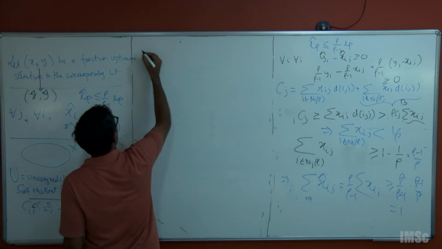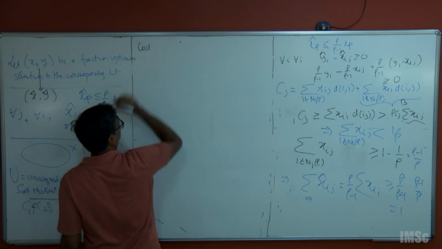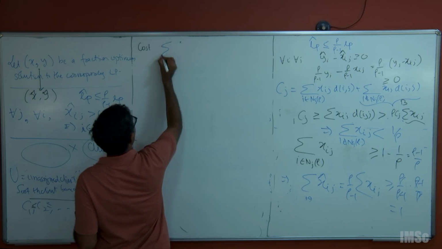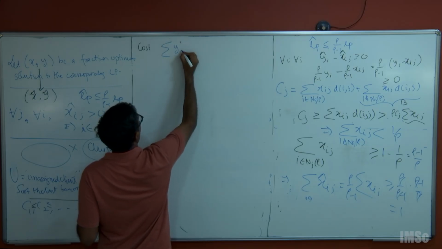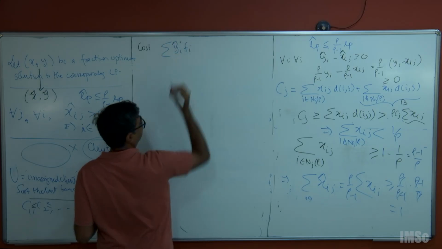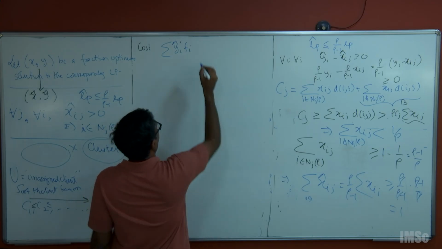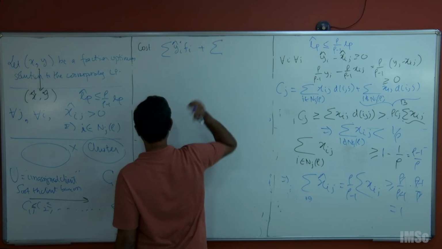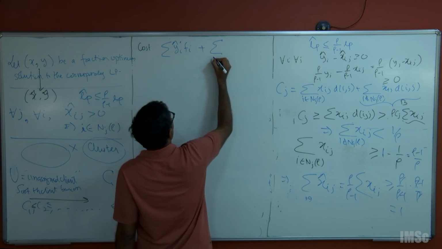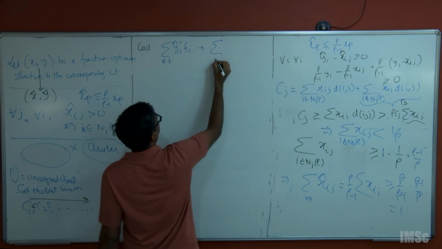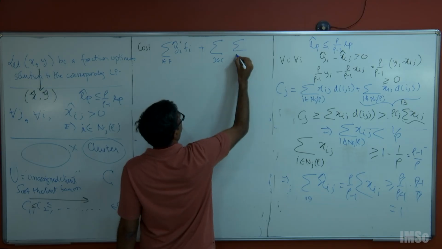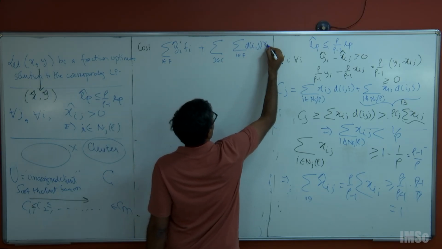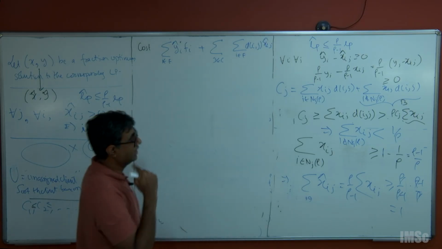If you look at the cost function of our LP, the cost function, if you remember, is given by the summation of yi hat fi, because we are only working with this, plus the summation over i in facility, j in client, of distance ij times xij hat, right? This is what we know.